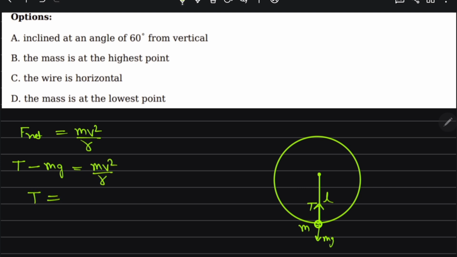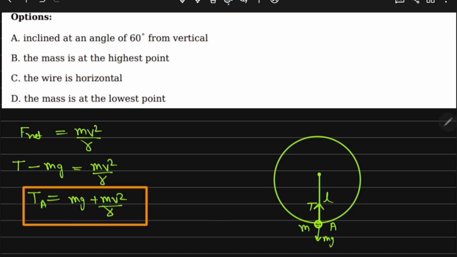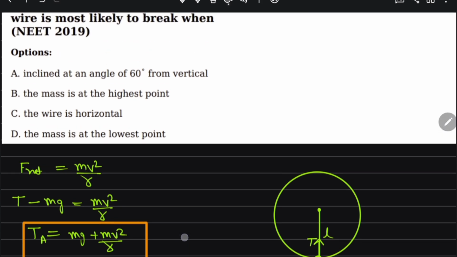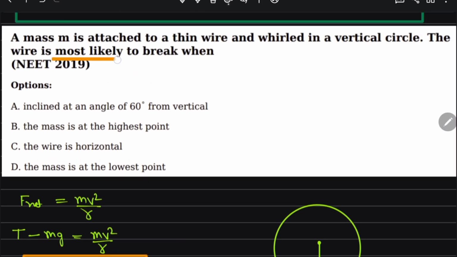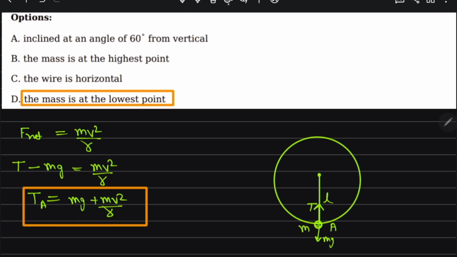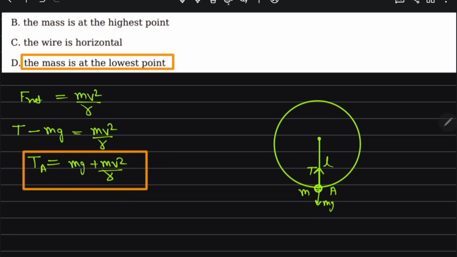So tension at this point, this is our A point, is equal to mg plus mv square by r. So tension is maximum at this A point, the lowest point. So this is where the wire is most likely to break, with the mass at the lowest point, because tension at this point is maximum.